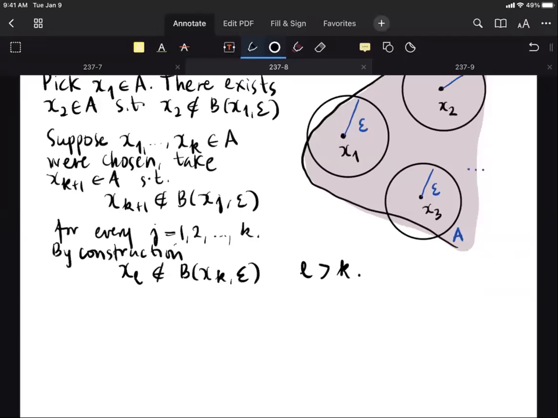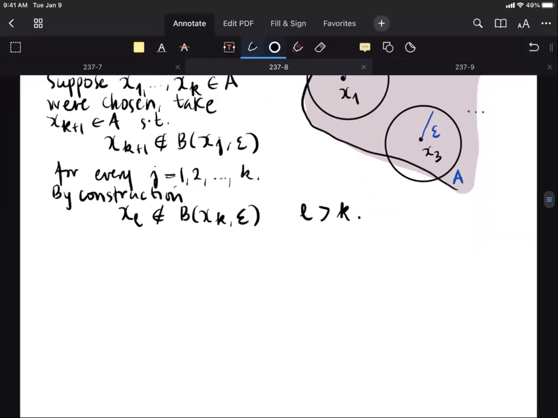So for the index l, if you take a smaller index, then your x sub l should not be contained in the previous balls. So this means that the distance between x sub l and x sub k is greater than epsilon.